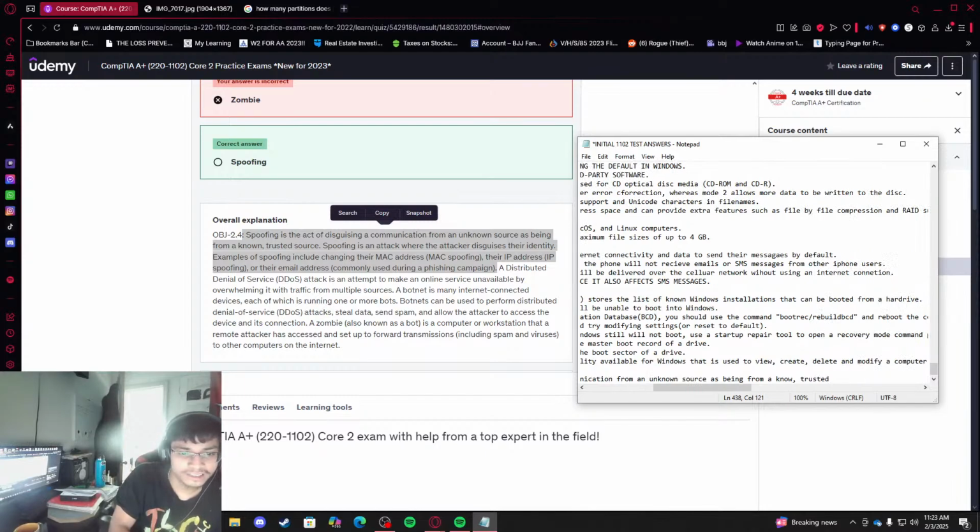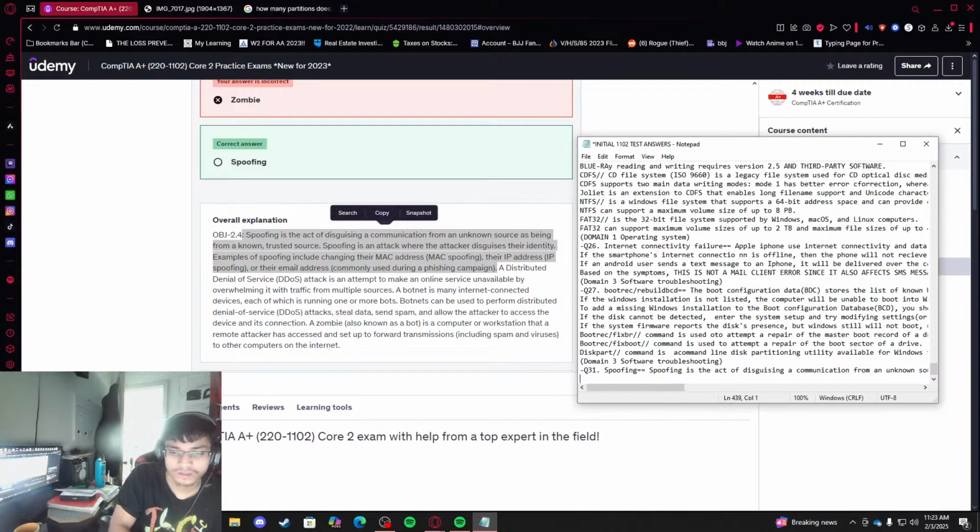So spoofing is the act of disguising communication from an unknown source as being from a known trusted source. Spoofing is an attack where the attacker disguises their identity.